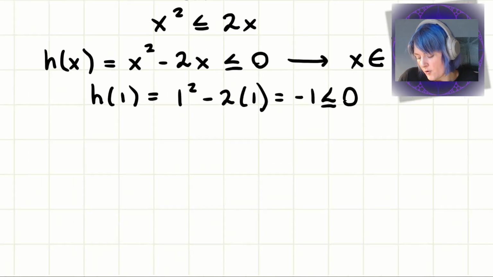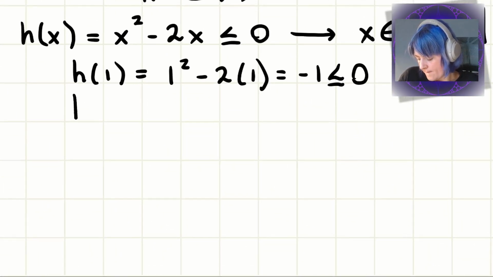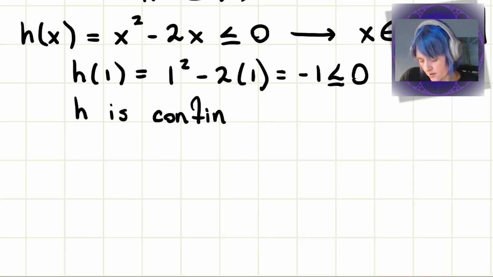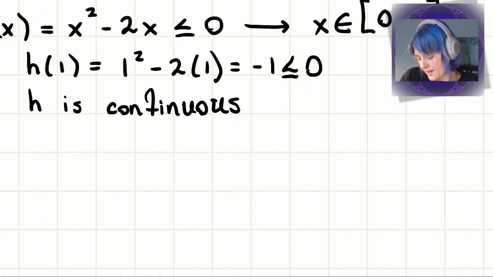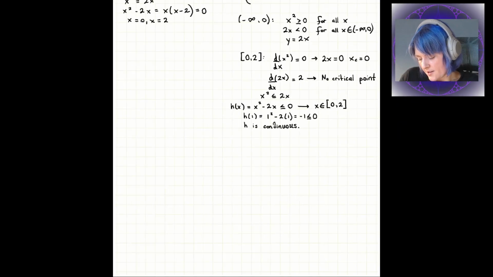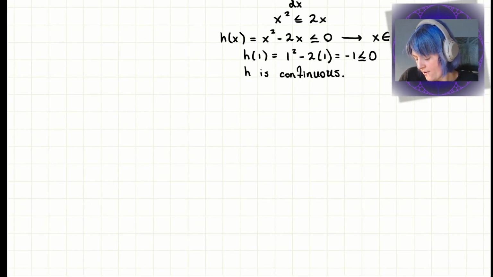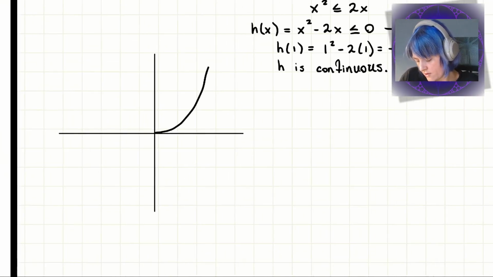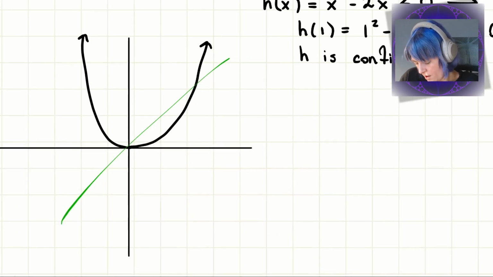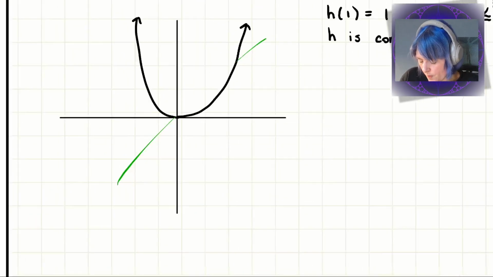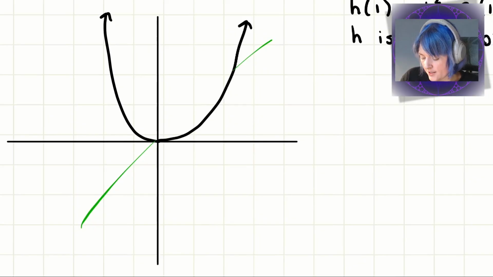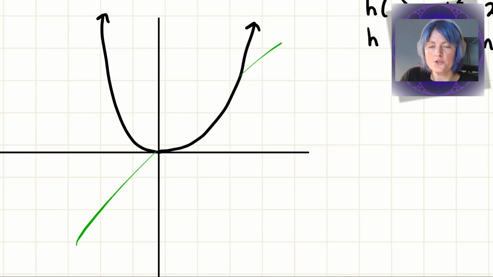I would also go ahead and say that h is continuous, and that is a good thing to state, because if we're talking about just this interval here, for a function that is not continuous, it's not enough to just say for any function that you're going to have this smooth behavior.